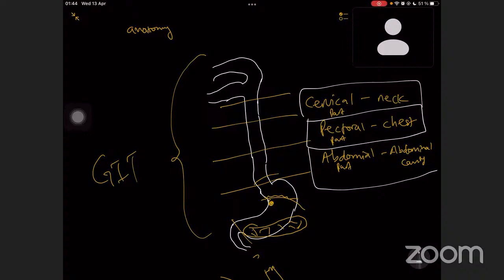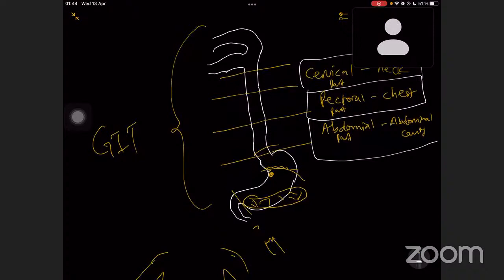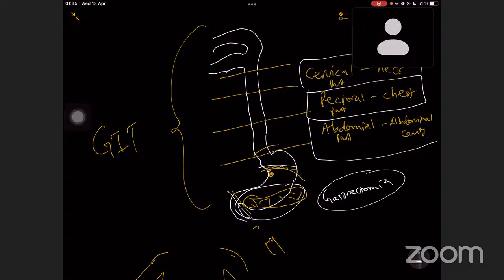For the plastic surgeon, they also need to know topographic anatomy, because sometimes you have certain tumors of the stomach or tumors of the pancreas, and that will necessitate the surgeon to resect the stomach, to perform gastrectomia, and then the anastomosis of the proximal part of the stomach as well with the esophagus.